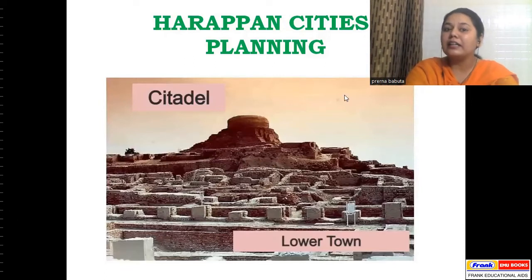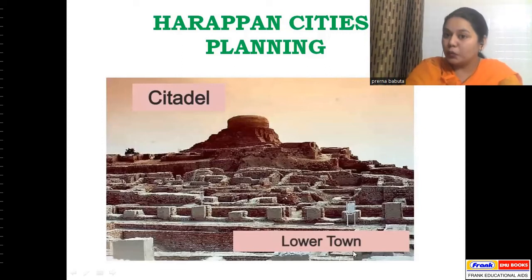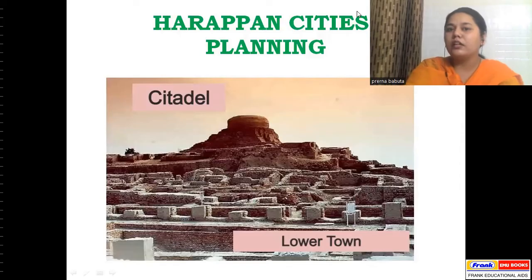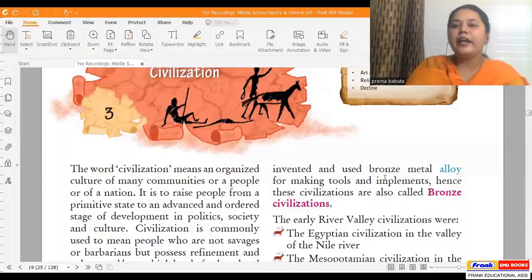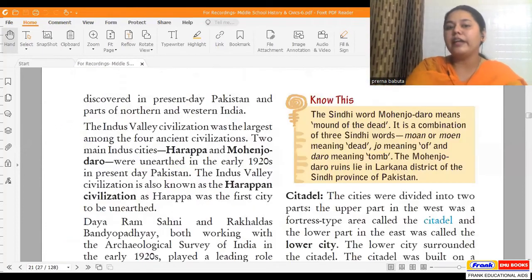And then they had a citadel, which was probably the upper part of the city, and a lower town. So let's just have a quick recap about the citadel. So citadel was basically an elevated part.